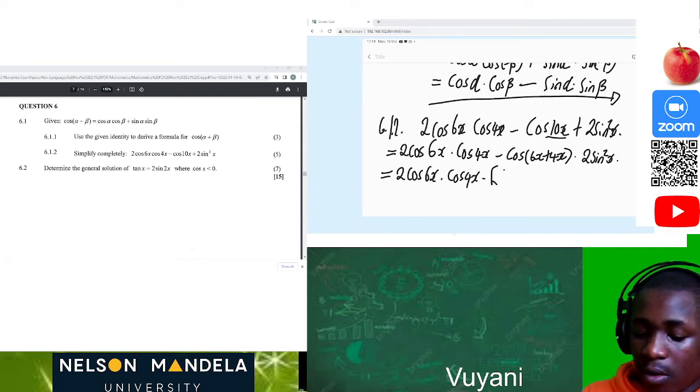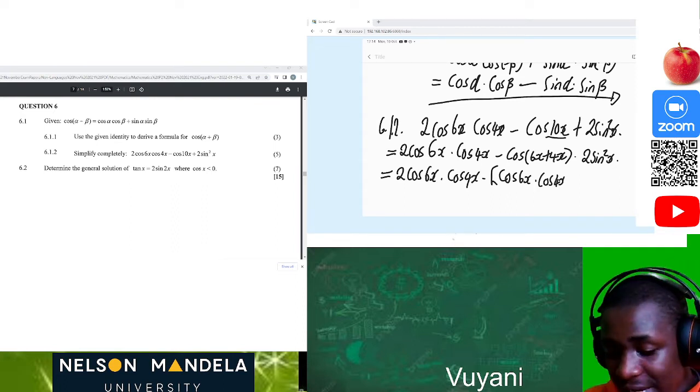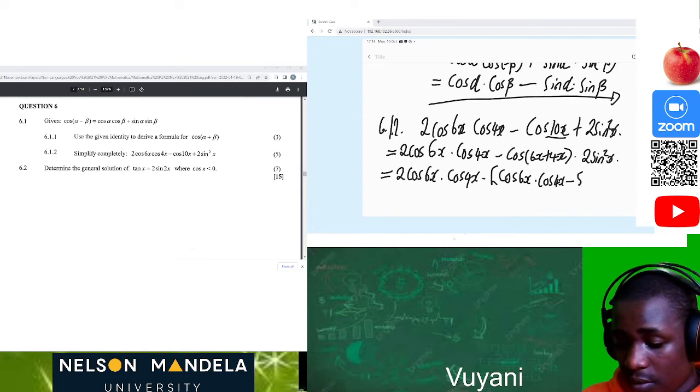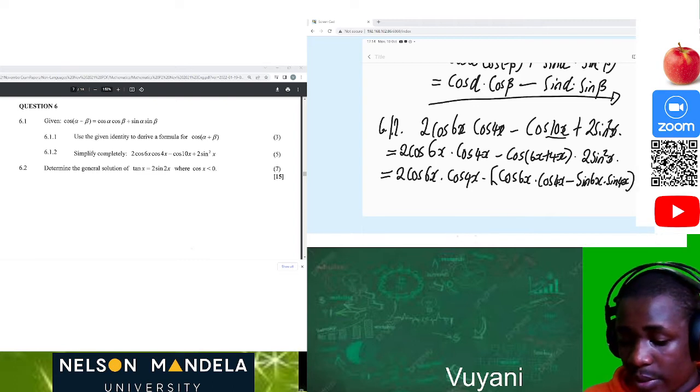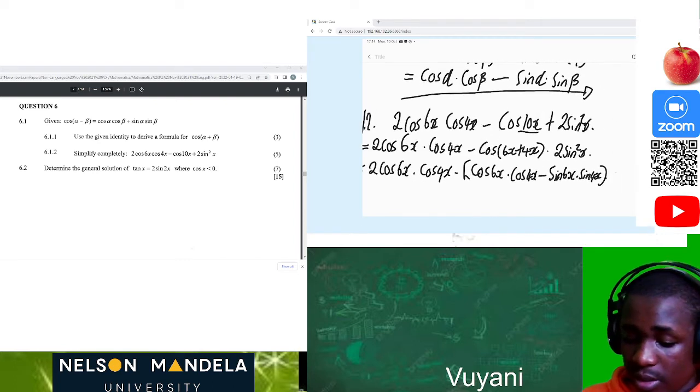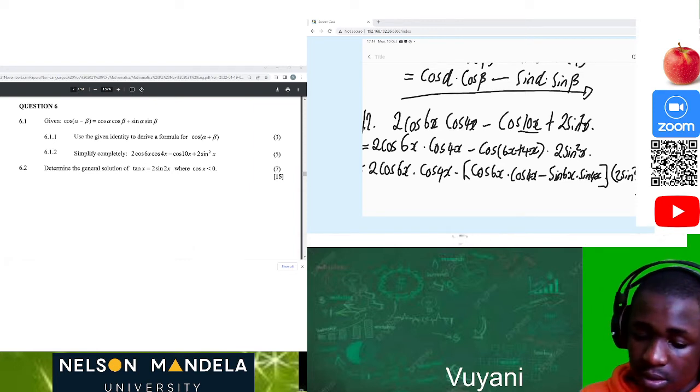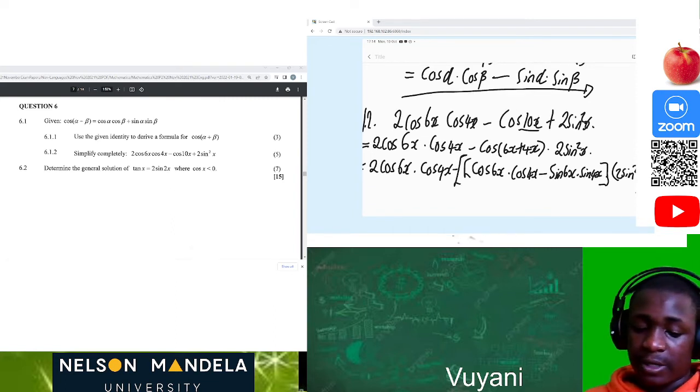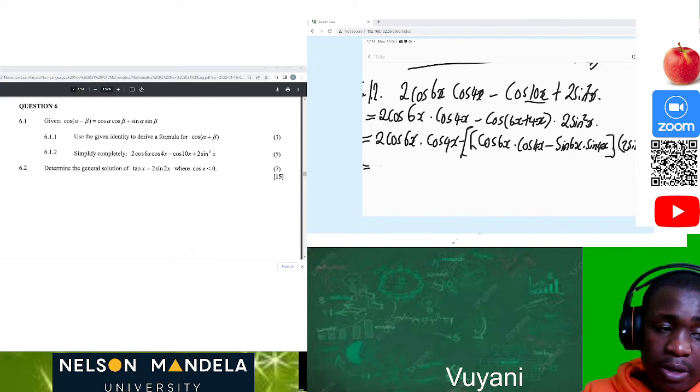So now we have cos of 6x multiplied by cos of 4x minus sine of 6x times sine of 4x. Then we are still multiplying with sine squared of x, so let me put another bracket. Then this is a big square bracket so that we can show that this is a bit different now, which is equal to, again we're going to proceed.